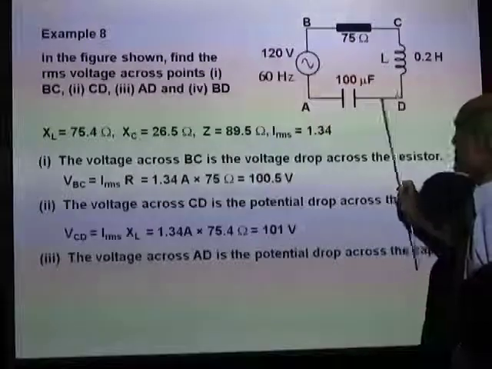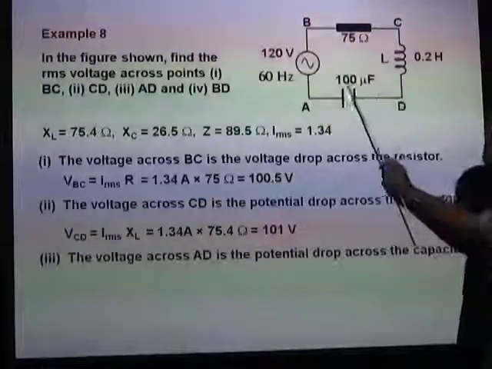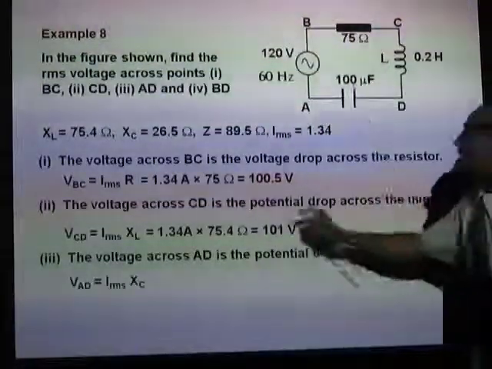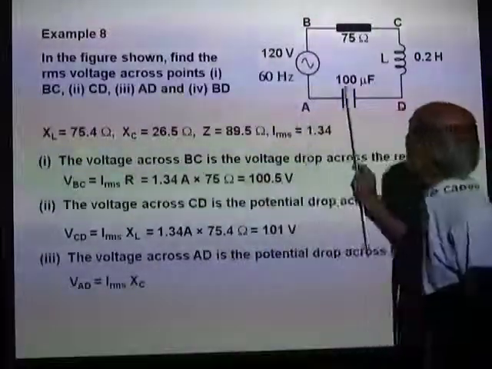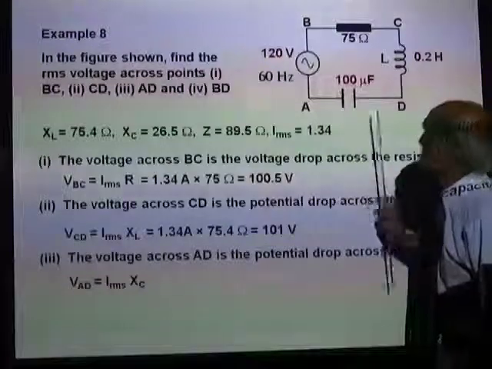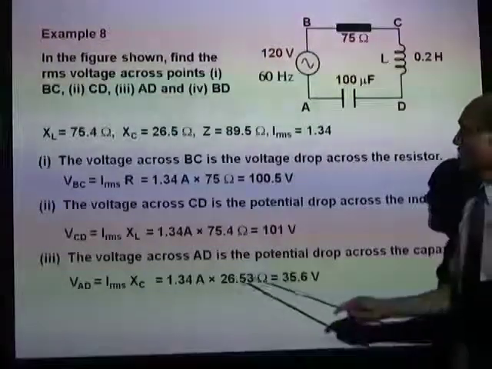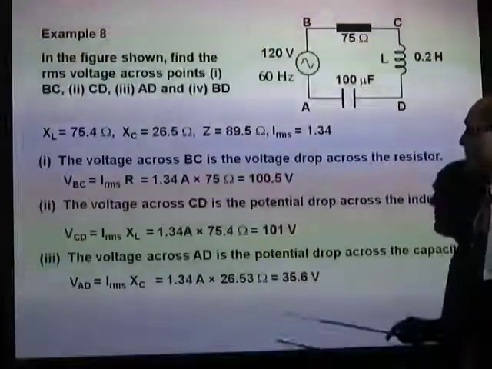Similarly, the voltage across AD is the potential drop across the capacitor. VAD is IRMS times the reactance of the capacitor. We have all those values.